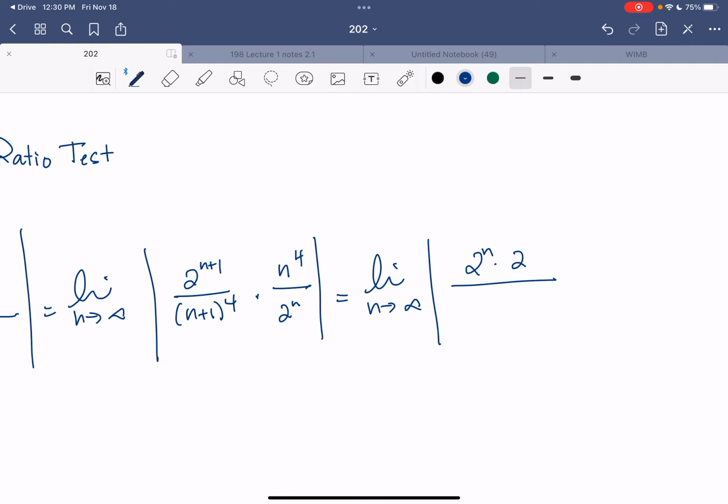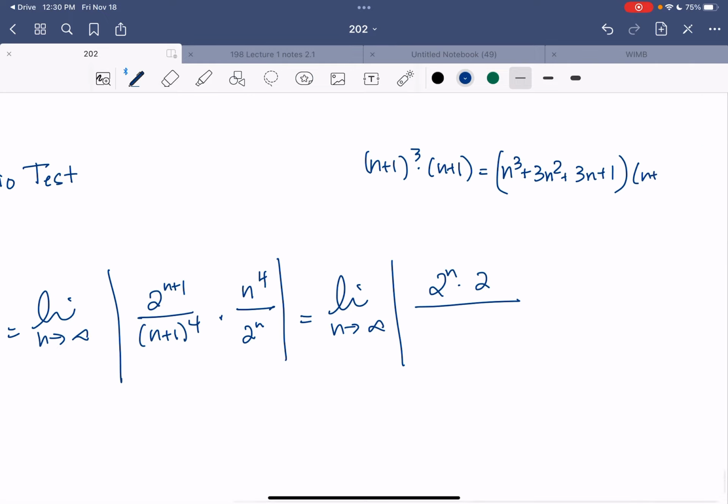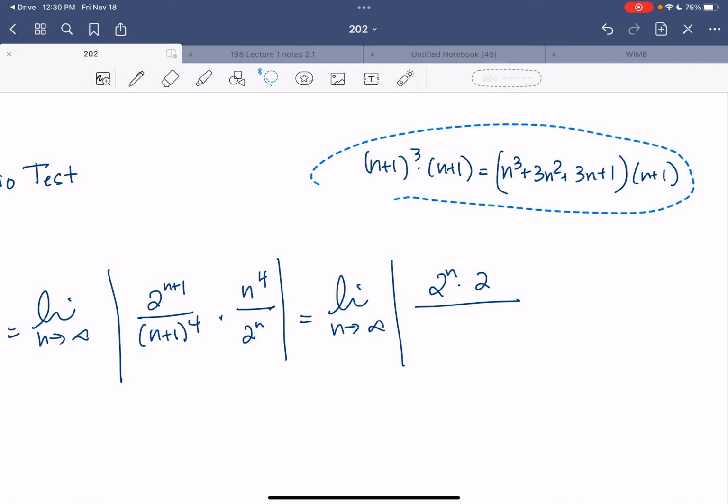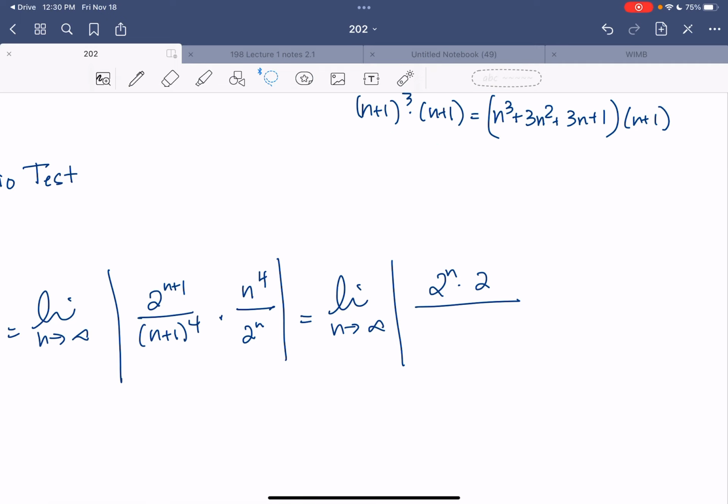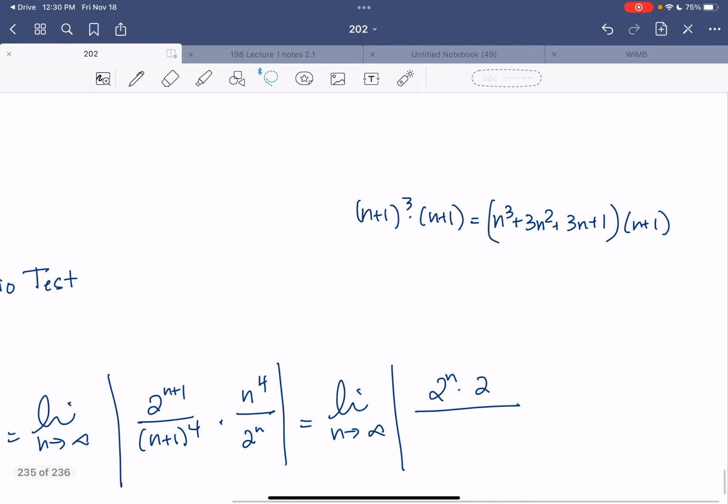If I multiply this out, we're going to have n plus 1 cubed. I know what that one is. That one's n cubed plus 3n squared plus 3n plus 1. I've got to multiply all of that by n plus 1. Little side scratch work here. All right, so if we take all of that times n, that's going to give me n to the 4th plus 3n cubed plus 3n squared plus n.